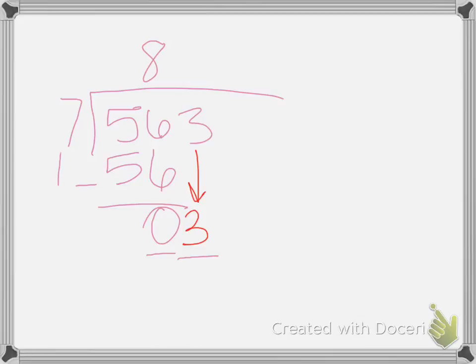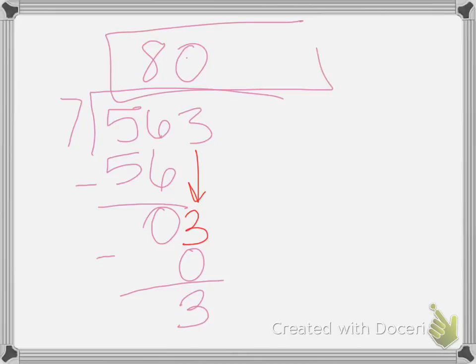So now I can ask myself, how many times does 7 go into this 3? It can't. So 0 times 7 is 0. 3 minus 0 is just 3. But I have nothing left to drop down. There's nothing over here. So I just say my answer, my quotient is 80 remainder 3.